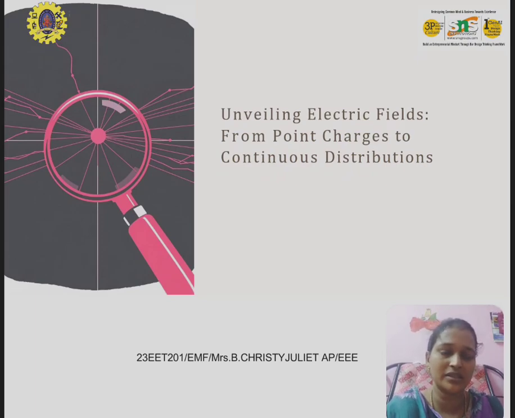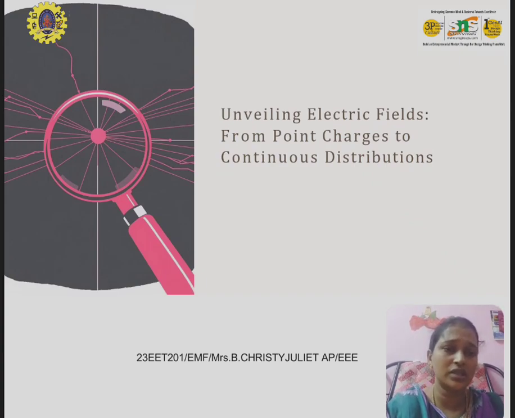Surface charge is the charges on the plates of a parallel plate capacitor, and volume charge is the charges on a bounded body. Any volume or any closed body can be termed as volume, and the charge distribution in that volume is called volume charge distribution. So we are very much aware of these types of charge distributions.